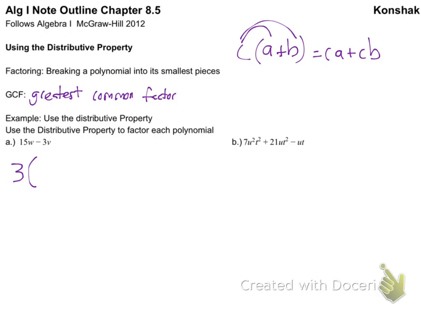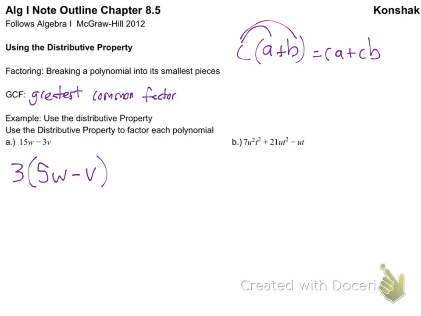So if I give away a 3, I am dividing it basically now because I'm undoing the multiplication. So now I just go back up to these terms and I divide both of them by 3. What's 15w divided by 3? 5w. Minus, because it's negative divided by positive, what's negative 3v divided by 3?